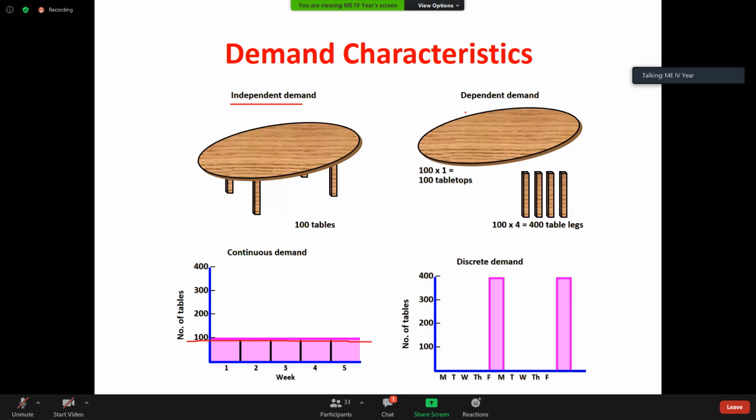But sometimes in dependent demand, you can produce only the table legs inside the factory, and the rest you have to get from outside. In the previous, independent case, you already informed your supplier that every month he can give me a fixed quantity, because I have to supply these tables to Hyderabad.